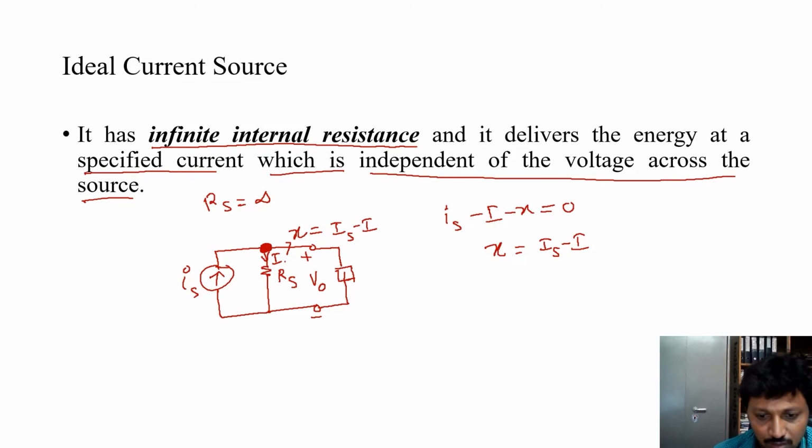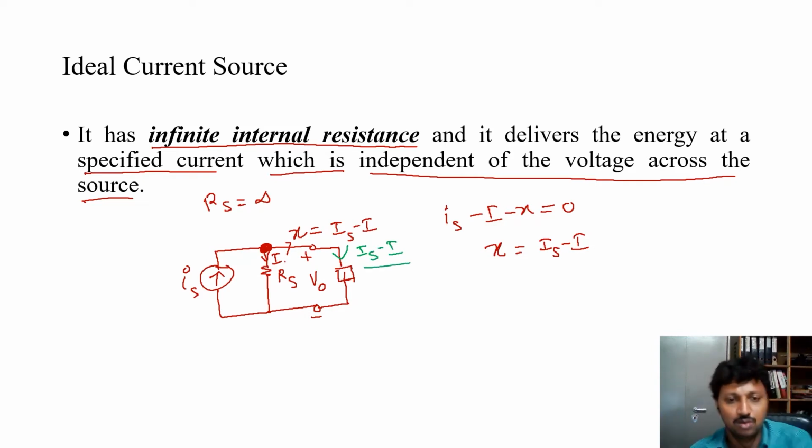So through this load, X is equal to Is minus I; this much current is flowing. That we have to remember. This Is minus I is independent of the voltage across the source.